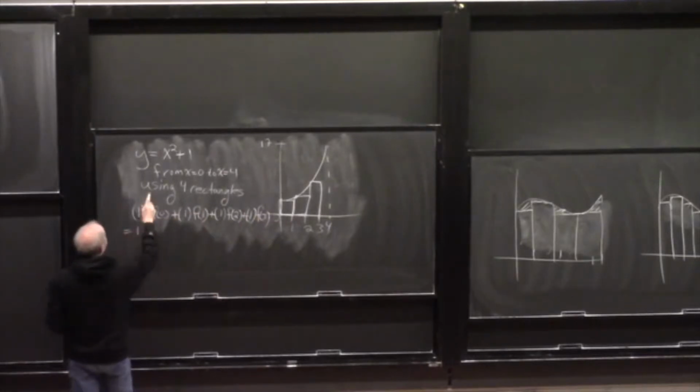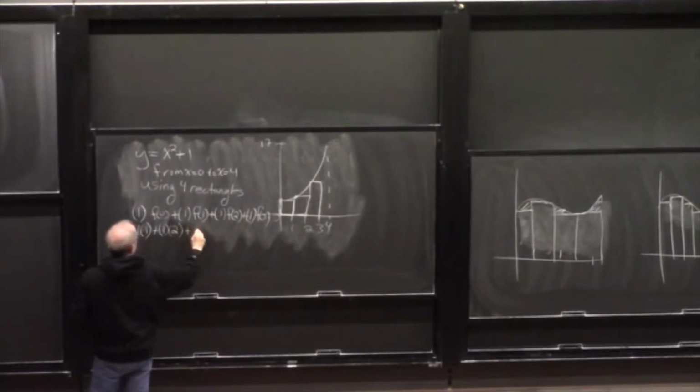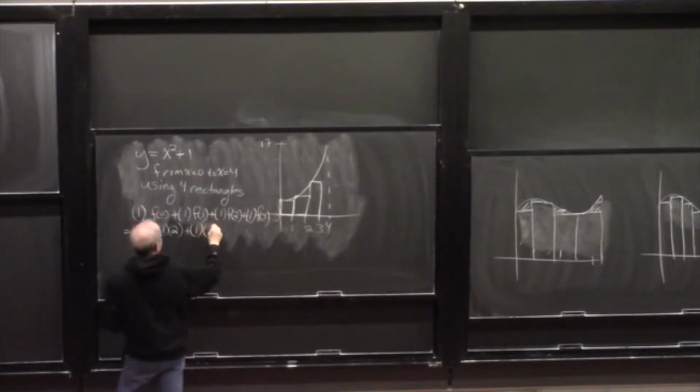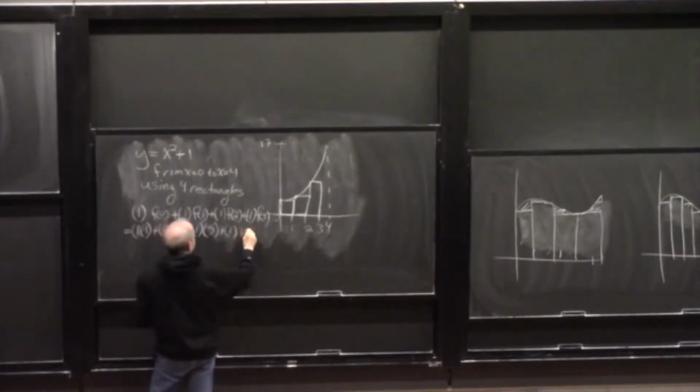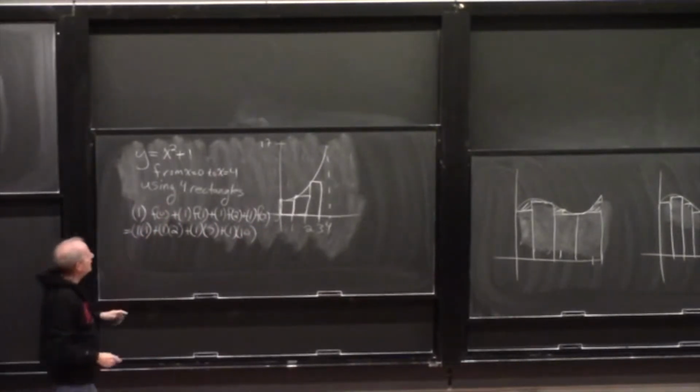So f of 0 is 1. f at 1 is 2. f at 2 is 5. And f at 3 is 10. You add that up, and you get 18.